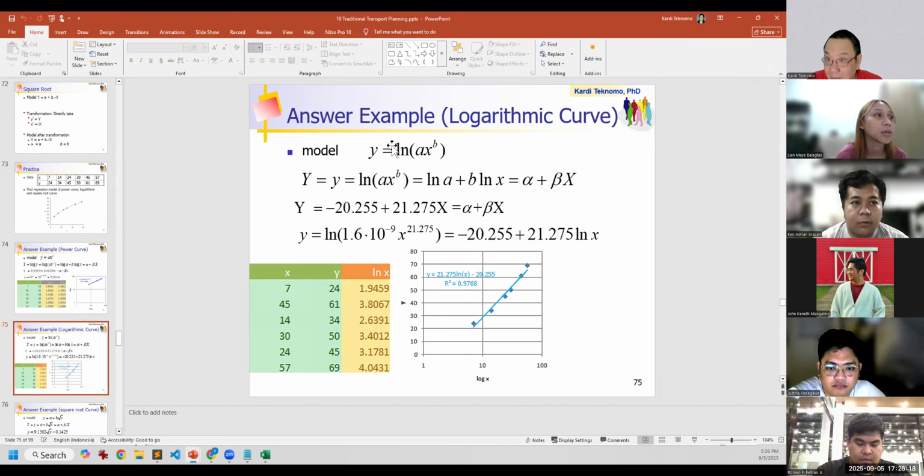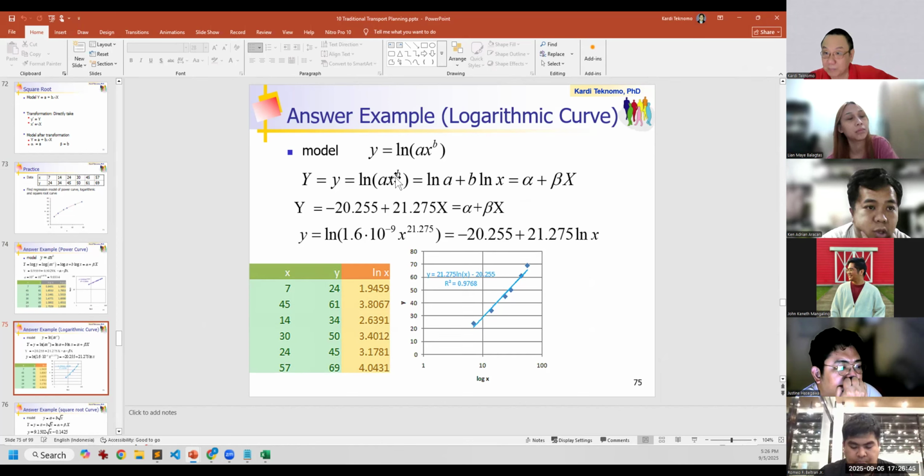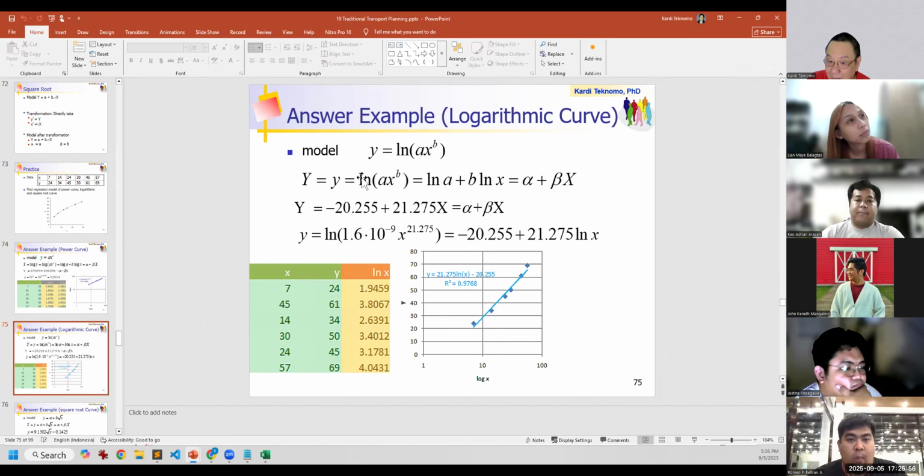Now, if you look at this, we can transform this model into a linear model. How? We only take the ln on one side, not two sides. So this is already ln of A X exponent B. In this case, we can expand the right-hand side.